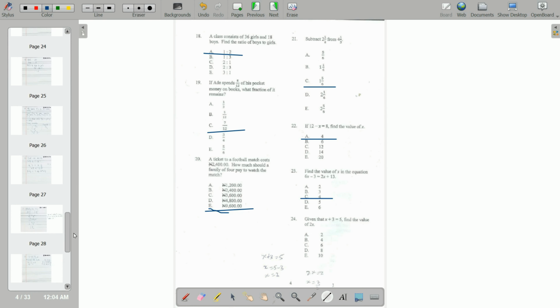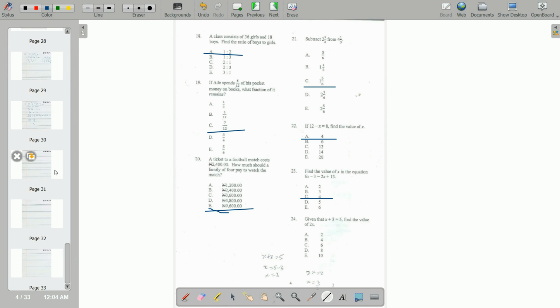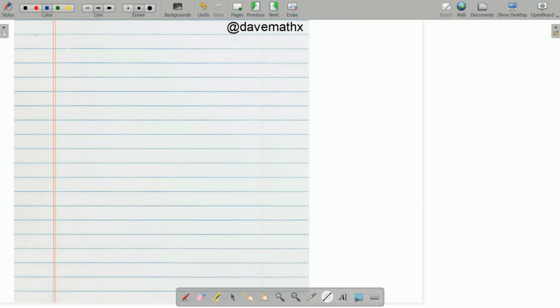Next is question 24. x plus 3 equals 5. Find the value of 2x.